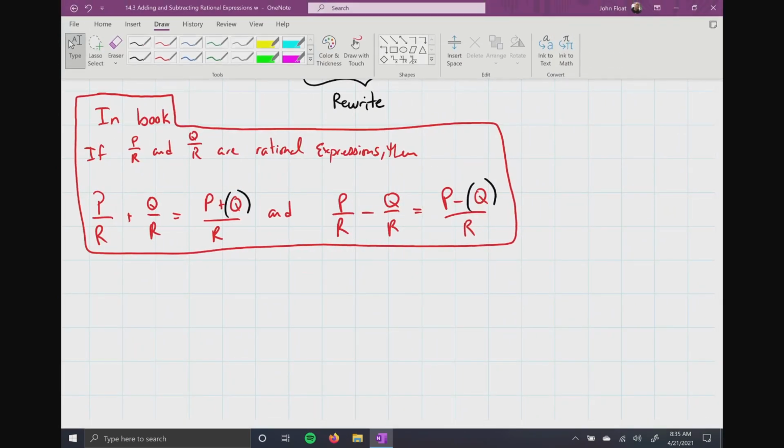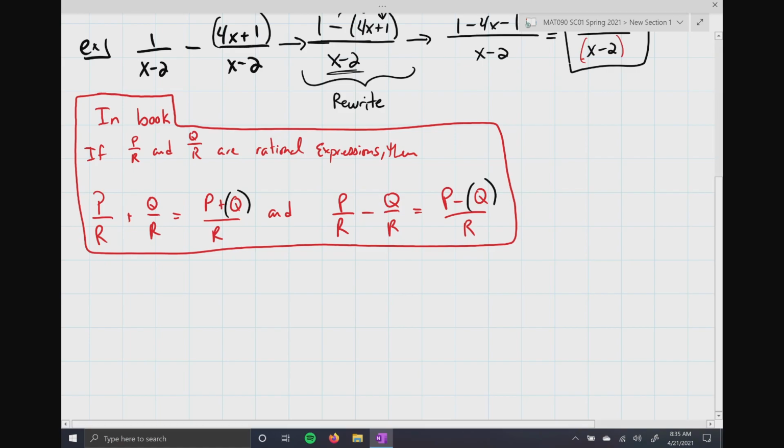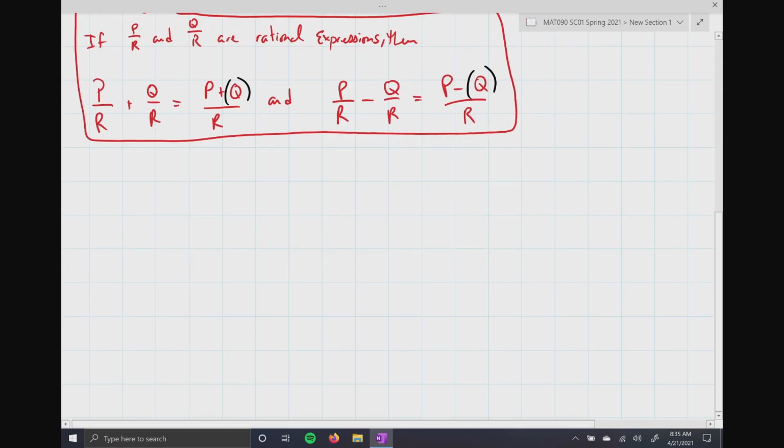So, let's do some examples, all right? Next one. This one's going to be kind of simple. Once again, we're just going to walk through the motions here. Like I said, this one's kind of easy.